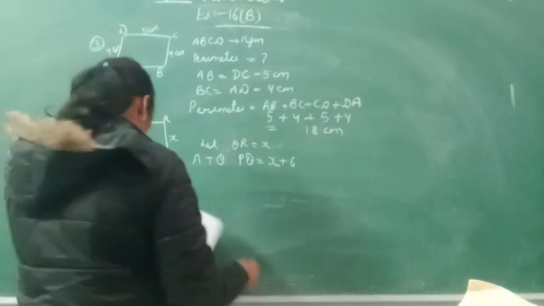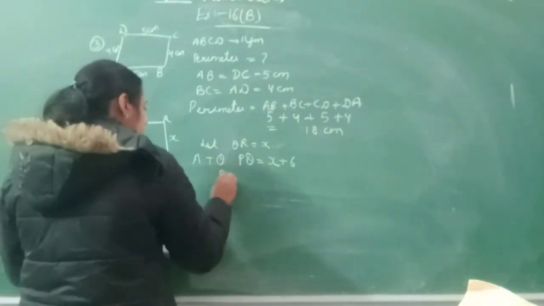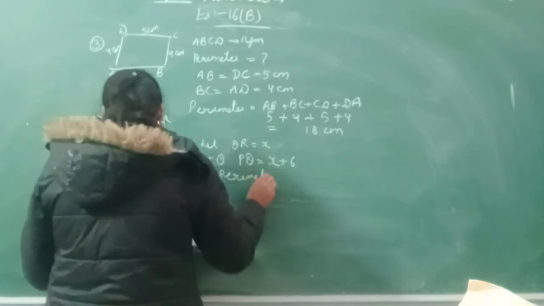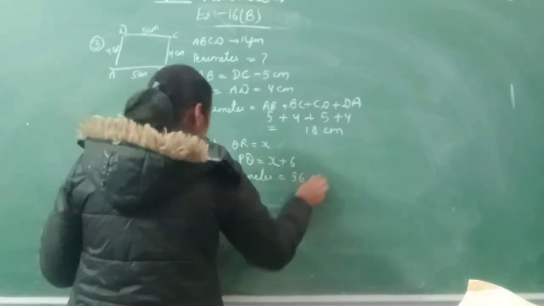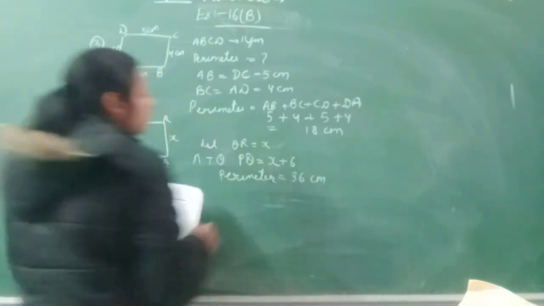And now the perimeter is already given. The perimeter is equal to 36 centimeters.